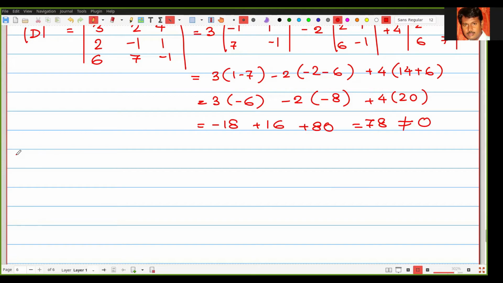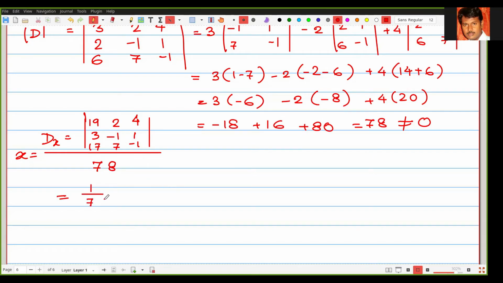So here dx is equal to, in place of the first column we are writing 19, 3, 17, then 2, -1, 7, that is 4, 1, -1, divided by 78.